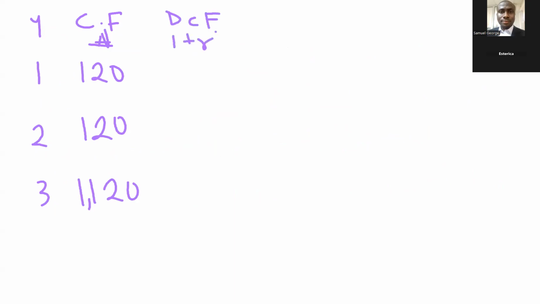Then very quickly, let us do the discount factor. (1 plus R) raised to power minus n. This formula is called the present value factor.